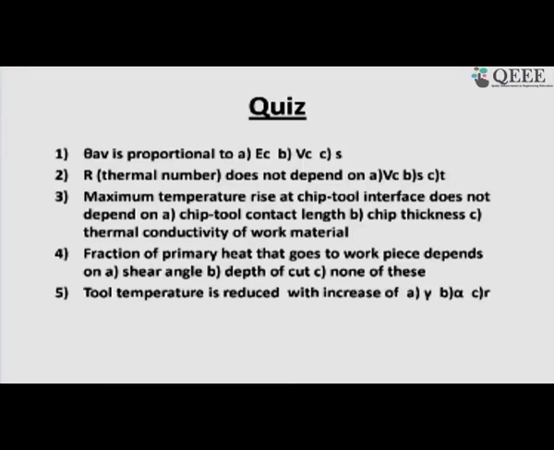Now, tool temperature is reduced with increase of gamma, alpha or R. In fact, tool temperature you can reduce quite reasonably with increase of R, because it is the body of the tool, so there you need more mass. If you increase the value of R, then definitely you have more mass involved and you can reduce the temperature.